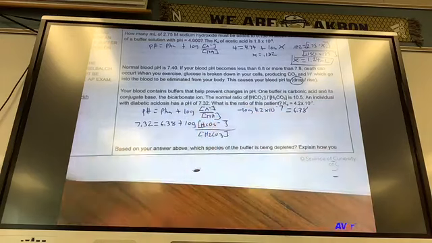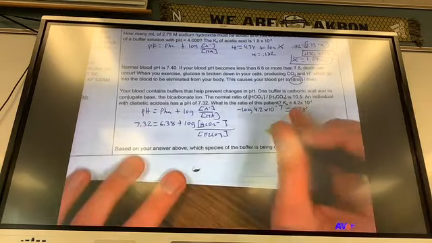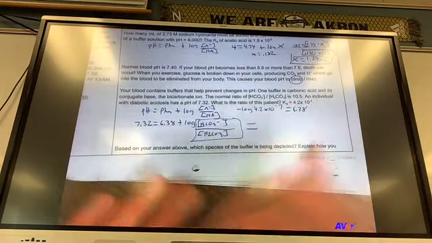So once again, we are solving for X. What do you get when you solve for X? So what does this term equal?